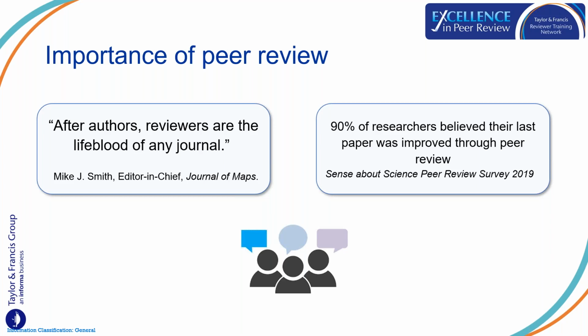And although it can feel sometimes really challenging from the perspective of being an author, at its best, that process is more like a conversation between the editor, the reviewers, and the authors, where the research can be discussed, improved upon, and effectively communicated to the wider research community. And as has come out through surveys, such as a recent survey from Sense About Science, generally researchers do agree that the process of going through peer review as an author does improve their work. So getting that feedback is really helpful.